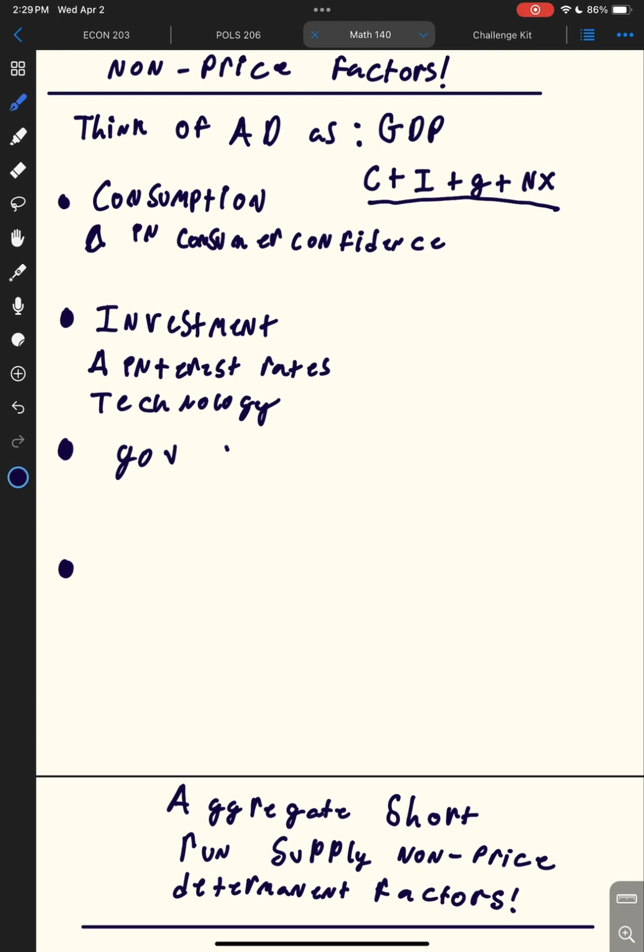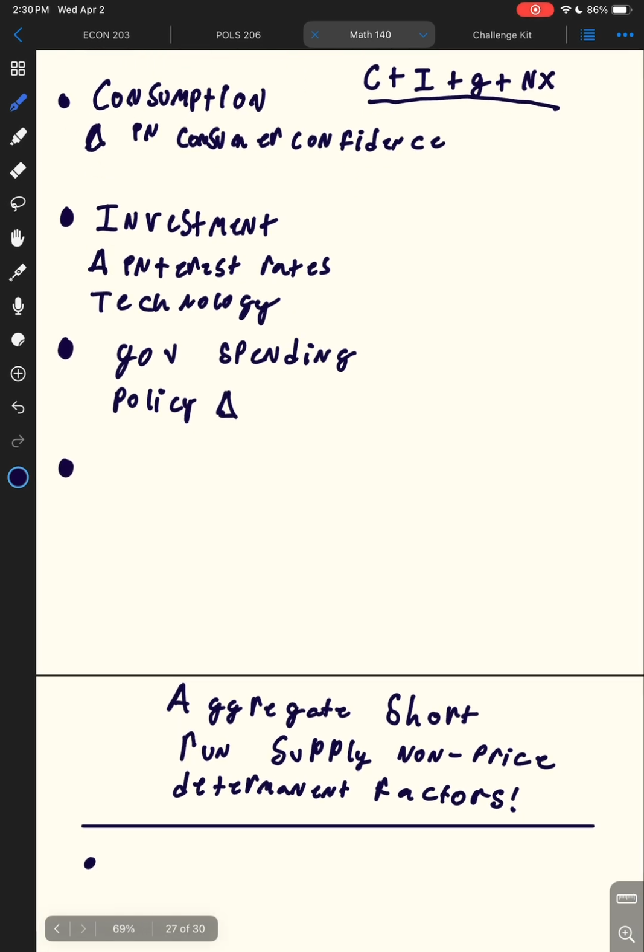The next thing is government spending, which can occur with different policy changes. I'm using the triangle here if you can't tell to represent change. And then net exports, which is the same thing as exports minus imports.